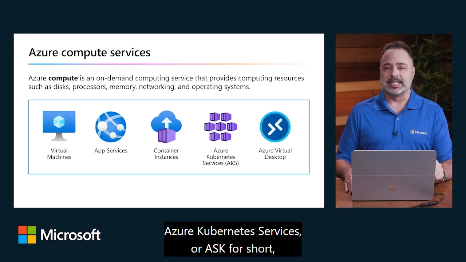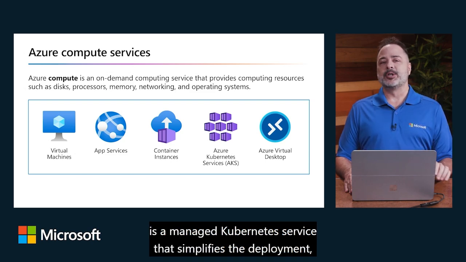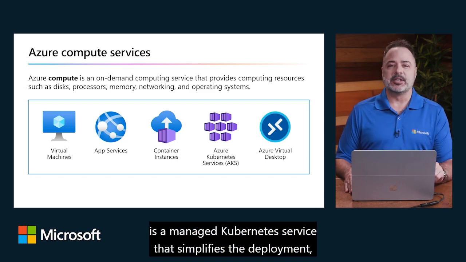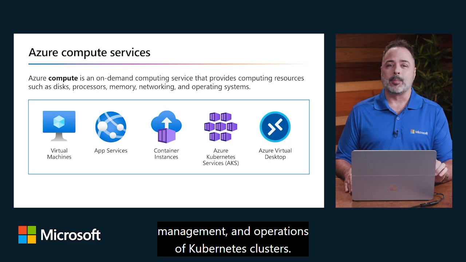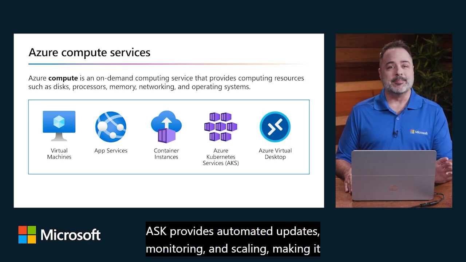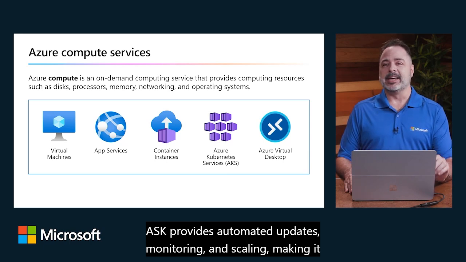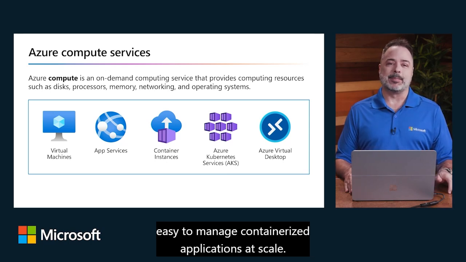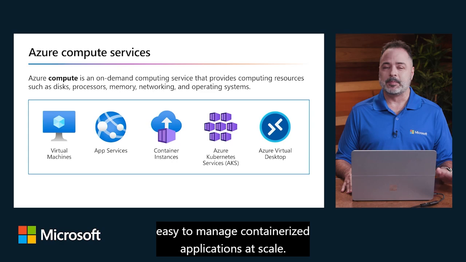Azure Kubernetes Service, or AKS for short, is a managed Kubernetes service that simplifies the deployment, management, and operations of Kubernetes clusters. AKS provides automated updates, monitoring, and scaling, making it easy to manage containerized applications at scale.